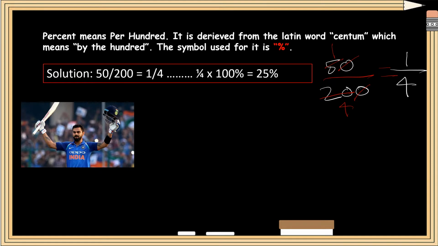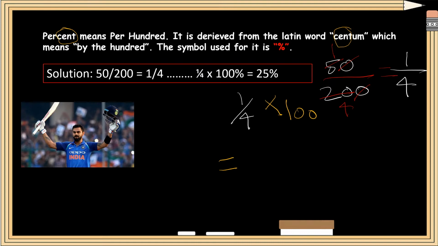1 by 4. Now we need to convert this 1 by 4 to percent. To convert it into percent, we multiply it by 100, because you saw cent means 100, so we multiply it by 100.